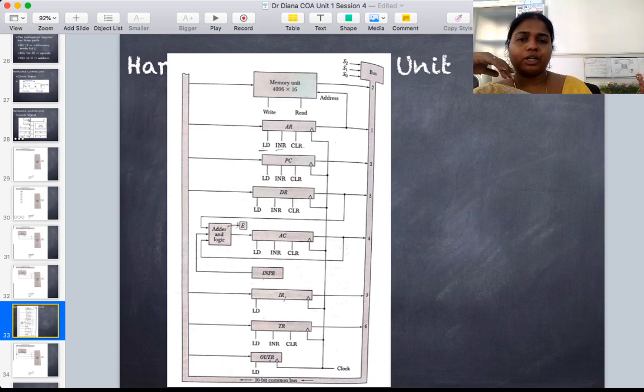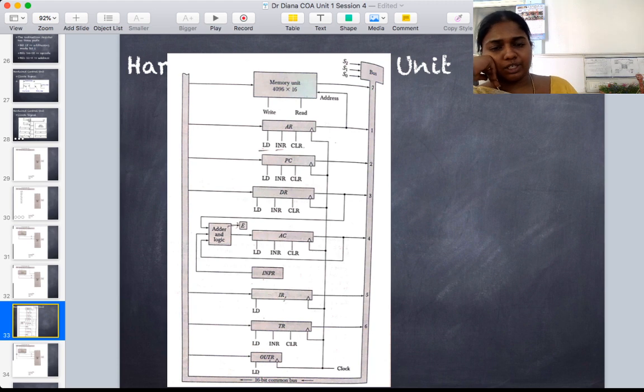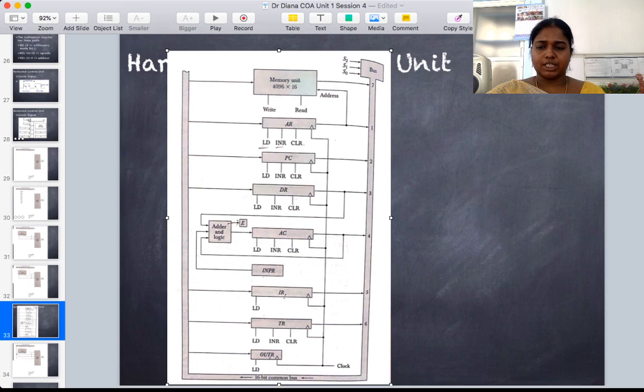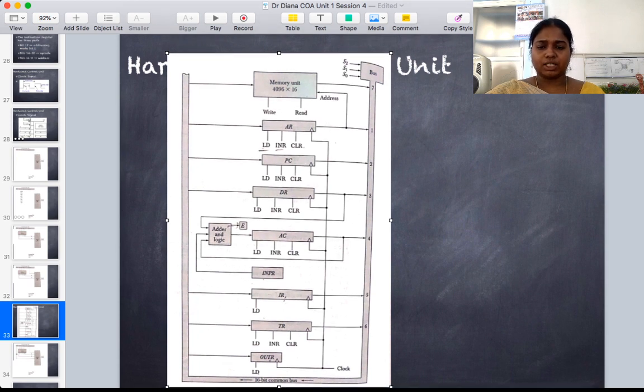For the memory unit, the number 7 is mentioned, and for the address register the value 1 is mentioned. So depending on some value, that particular unit will be activated. This control signal is used for activating specific registers in the control system.